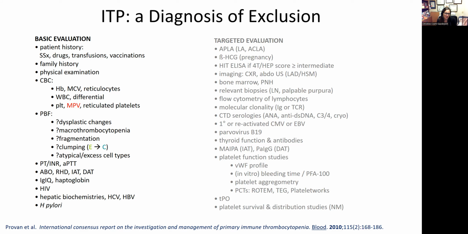The liver is to the platelet what the kidney is to the red cell. So the kidney makes EPO, the liver makes TPO or thrombopoietin. So liver disease can be a cause of underproduction thrombocytopenia because you're not making as much thrombopoietin.